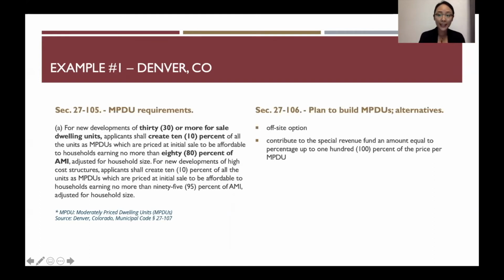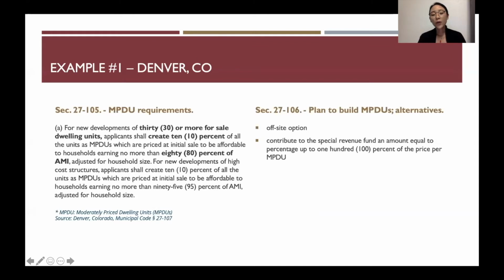Affordability in this ordinance is defined as affordable to households earning at or below 80% of AMI, adjusted for household size. That's the Denver ordinance, and it allows for some flexibility. If it's a high cost structure, such as a high-rise building, then the developers can increase that income eligibility to 95% of area median income.